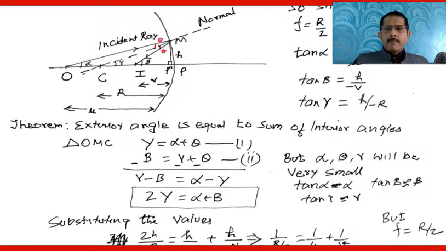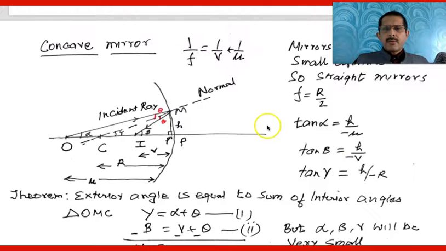Let me go back, and just check out a few more things. Now, if I talk about this triangle, tan alpha is nothing but h by this. What is this? This is u. H by u. Now, what you have to remember is, we have to take, because this direction is opposite to the direction of incident ray, and incident ray direction is always taken as positive.